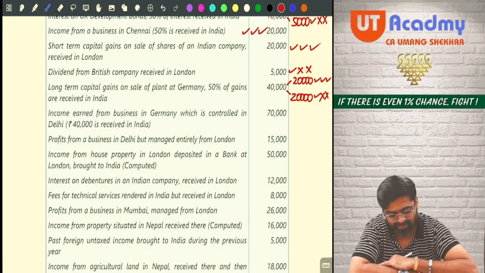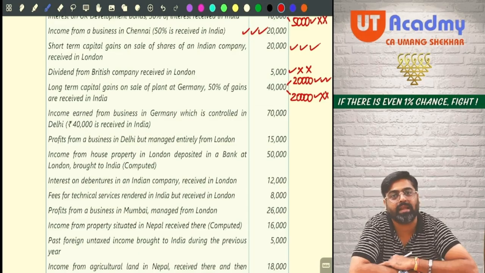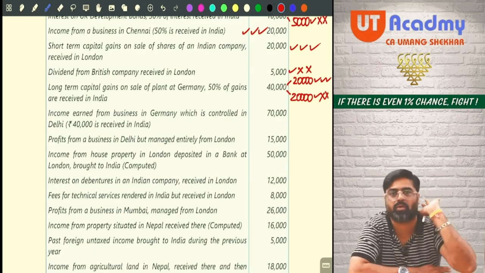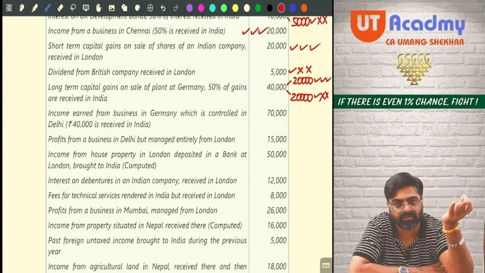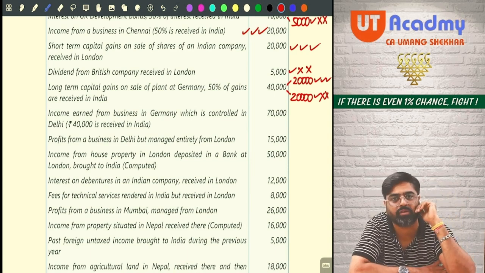Sure, very good. Income earned from business in Germany. That business will give you income, and that income is accrued outside India, no? How much income? 70,000. The entire 70,000 accrued outside India. If the business is in Germany, whatever income you are earning from that business is accrued outside India.